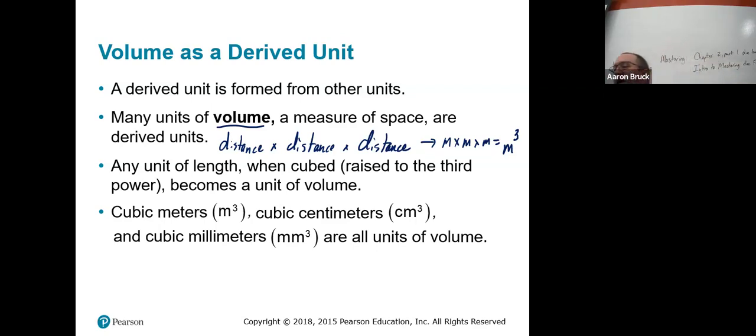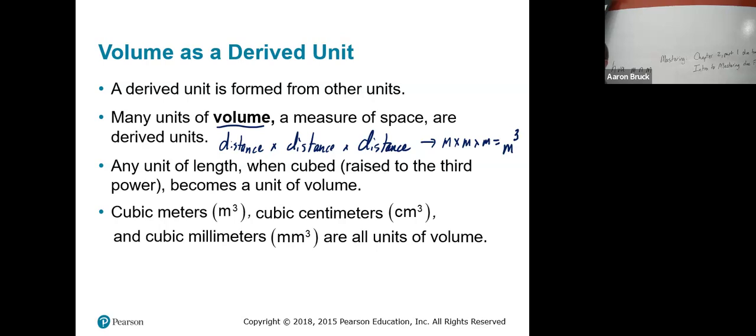But I would still be taking distance times distance times distance to get that volumetric measurement. The only difference would be what is the unit that I am cubing.